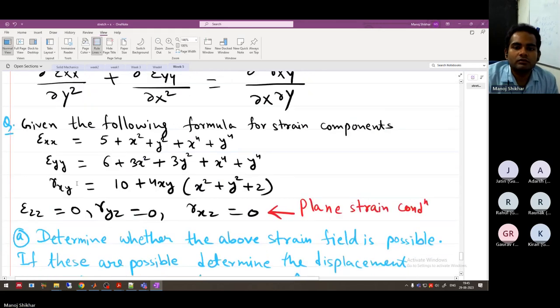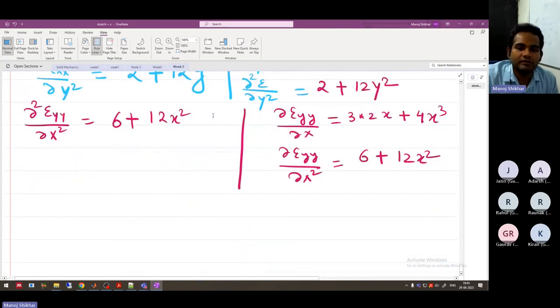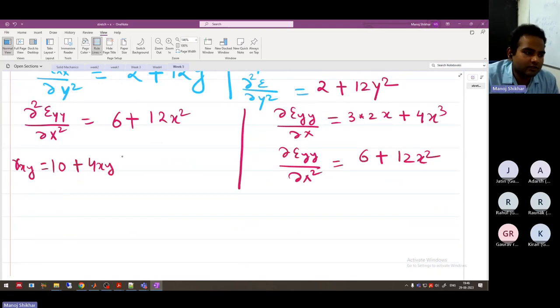And for gamma xy, we have to differentiate with respect to x and y. The first term will be 0, but this term will have a good contribution. Maybe for this I will have to show you the complete step: 10 plus 4xy times x square plus y square, plus 2. So it's better to write it.